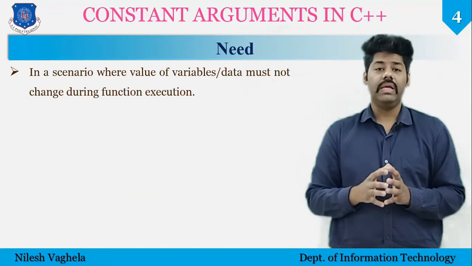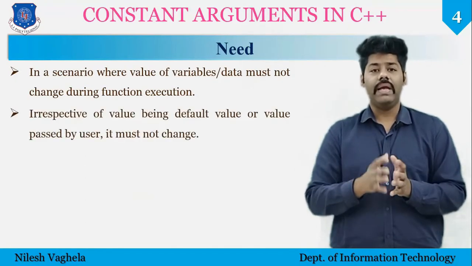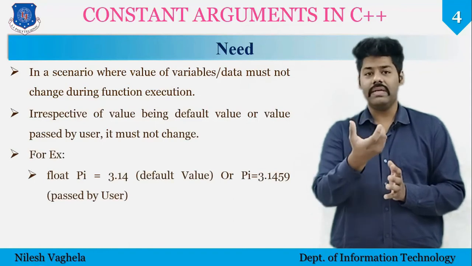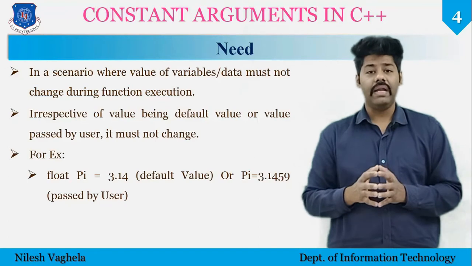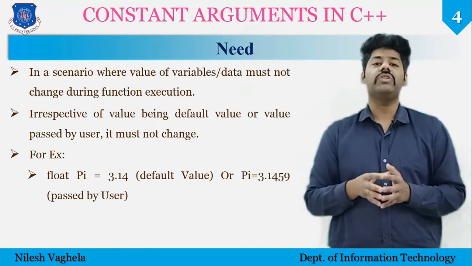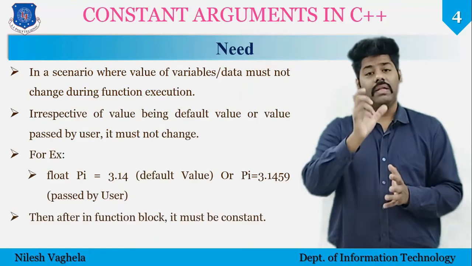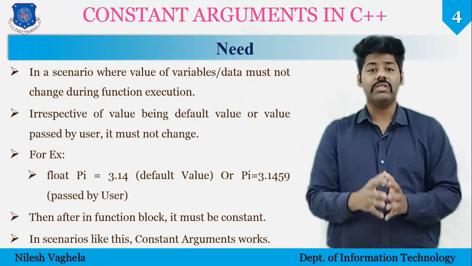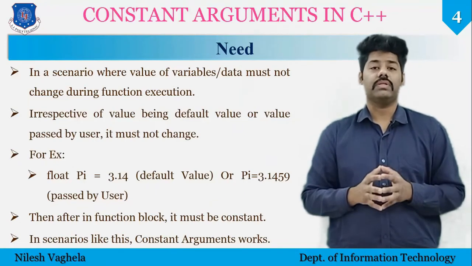For example, we have taken the value of pi as 3.14. That is a default value, and if the user passes 3.1459, then that value should be overridden, but within the function block it must not be changed. At that time, that argument has to be constant. So that is where constant arguments work in C++.